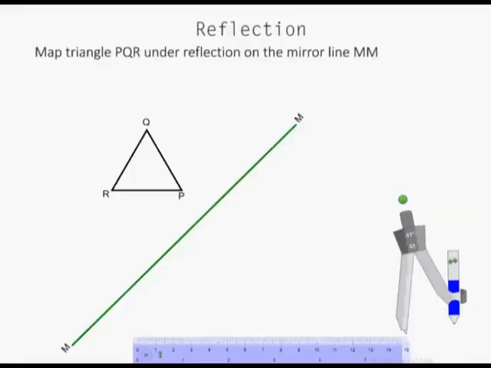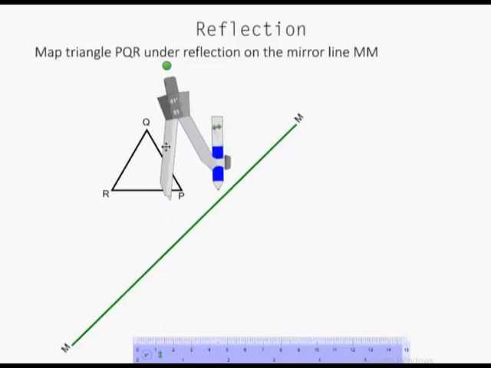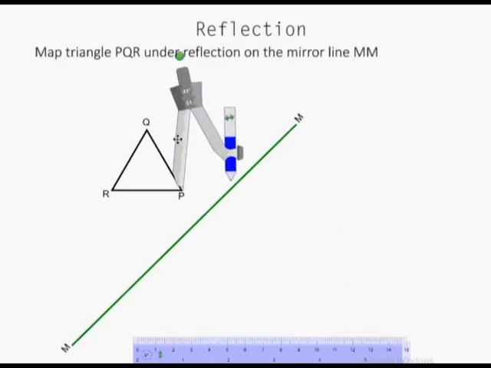So let's reflect the triangle PQR on the mirror line MM. What we need to do is to draw perpendiculars to the mirror line from the vertices. We start with P, place the compass there and make an arc that cuts the line at 2 points.